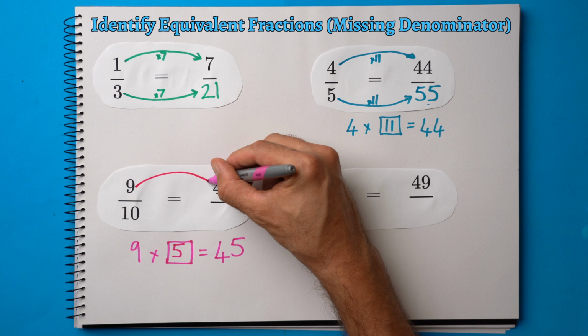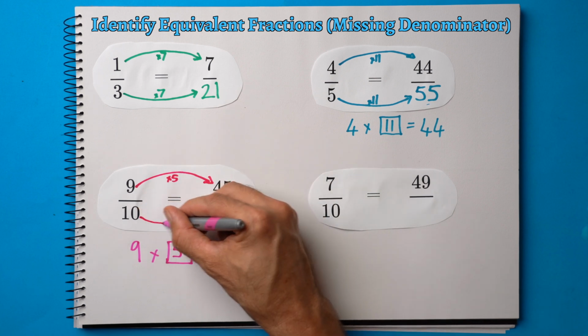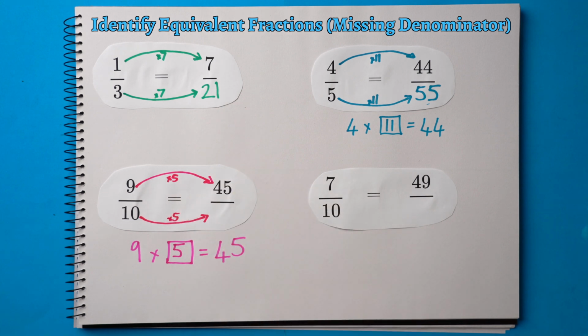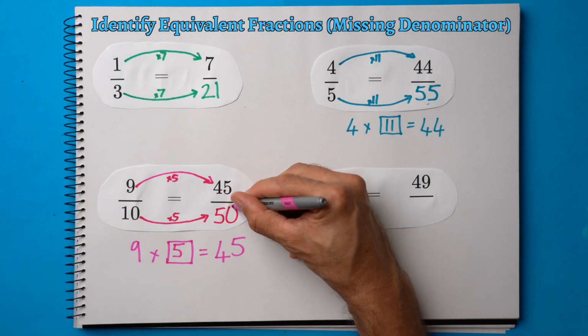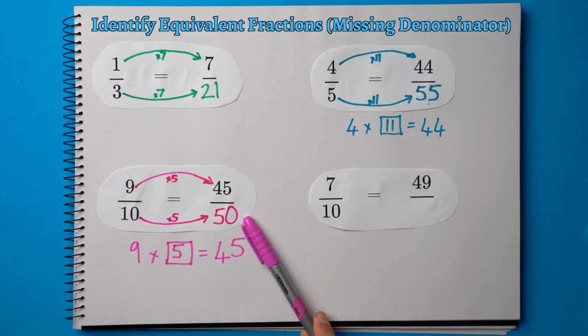So the multiplication factor here is times 5. So the multiplication factor here also needs to be times 5. And 10 times 5 is 50. 9/10 becomes 45/50.